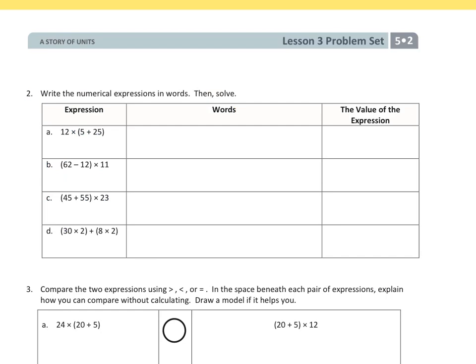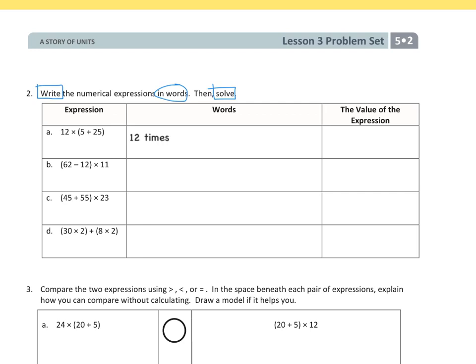So number 2, the directions say, write the numerical expression in words and then solve. So we are now going to be finding some answers to these problems. First we have 12 times 5 plus 25. So we say that in words, 12 times, and we're going to say the word the sum.